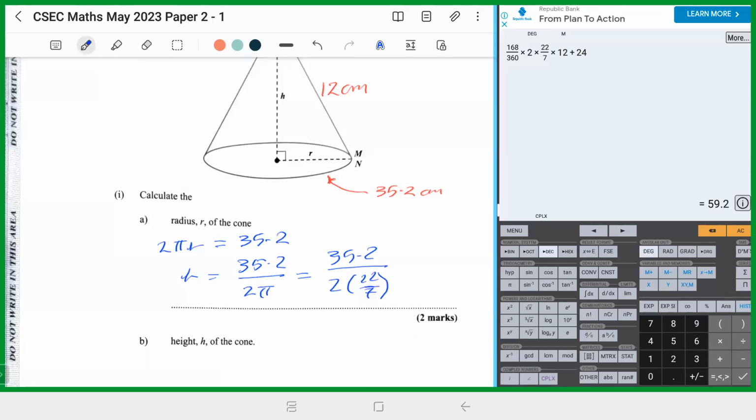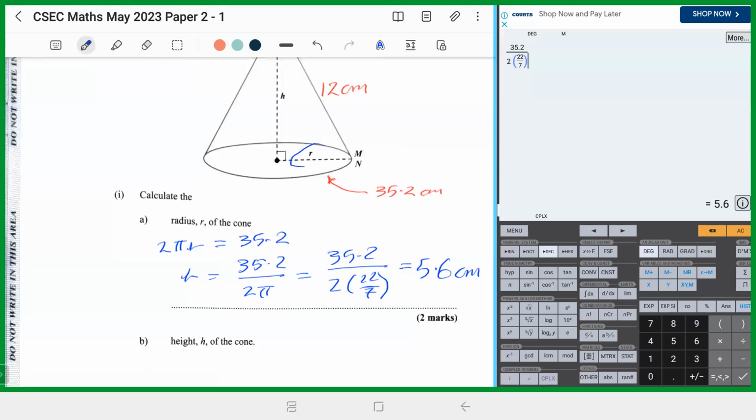So that's what you put in the calculator: 35.2 over 2 bracket 22/7 close bracket. It's 5.6 exactly. 5.6 centimeters is the radius of the base of the cone.